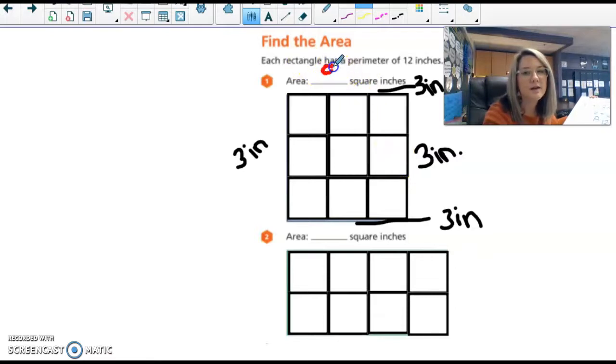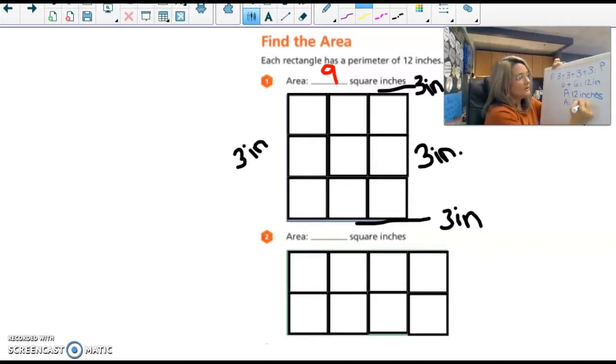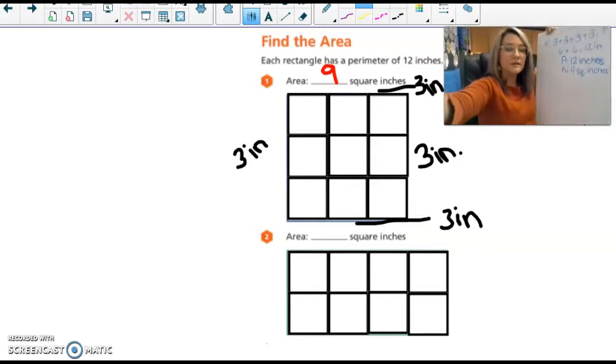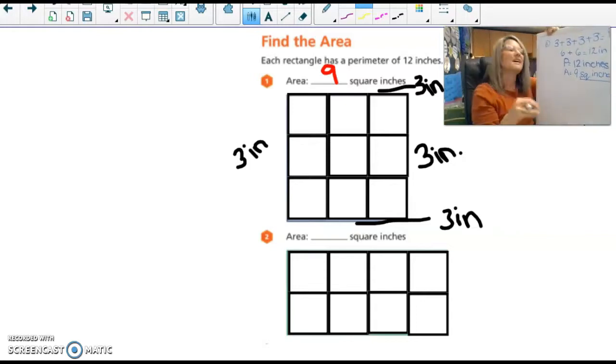So the area is 9 square inches. So the area for number 1 is 9 square inches. Okay, and remember, area is measured in square inches because that's the inside of the shape. Okay, and there's square inches, and each side of the squares is 1 inch.